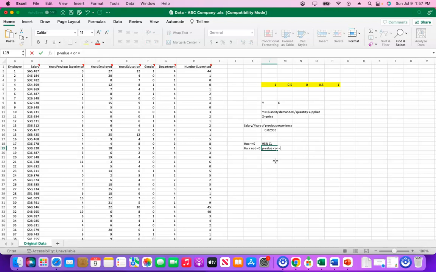If we are using 95%, then we can say the significance level, or let's say 5%. We could say 5% because we know that out of 95%, we have 5% divided by 2.